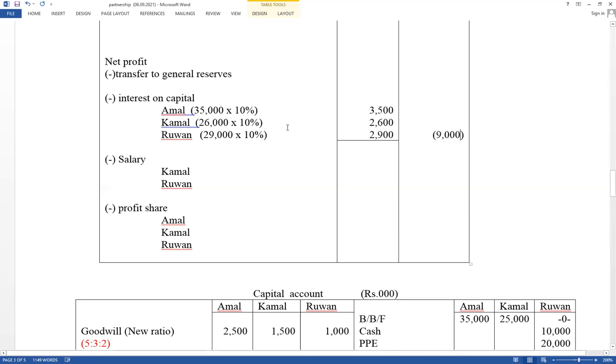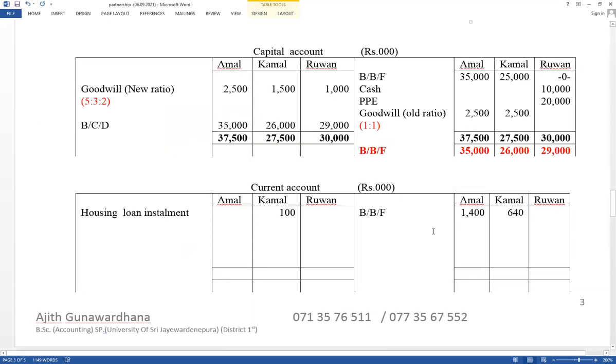Therefore, interest on capital based on their closing balance 10% should be included in partners' current account also, credit side as interest on capital. Interest on capital, all three partners, based on their closing capital account balance 10%. Agreement should be applied for appropriate profit.